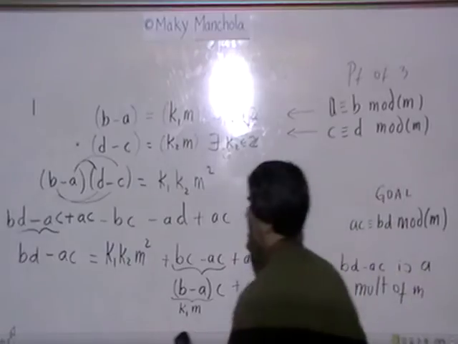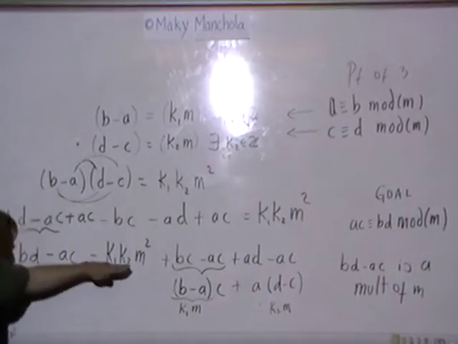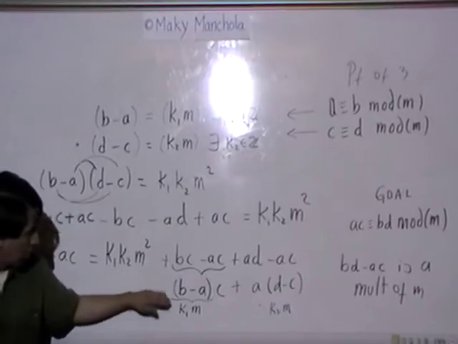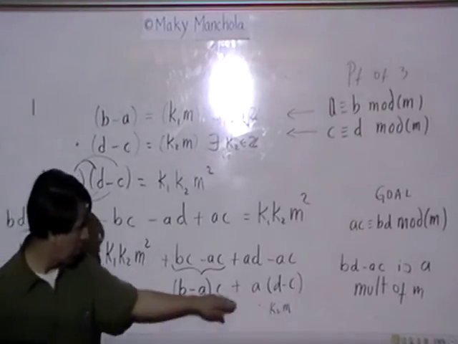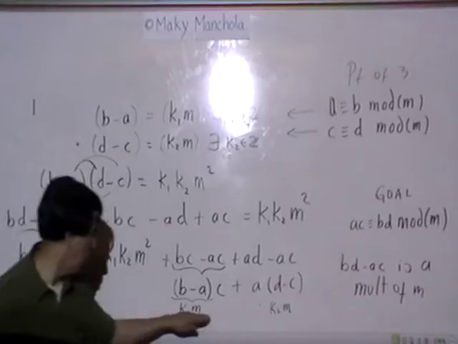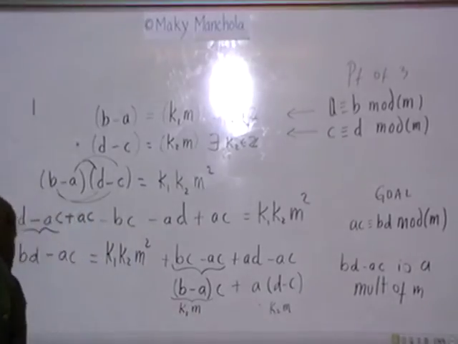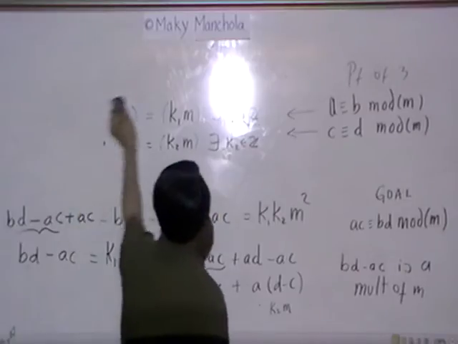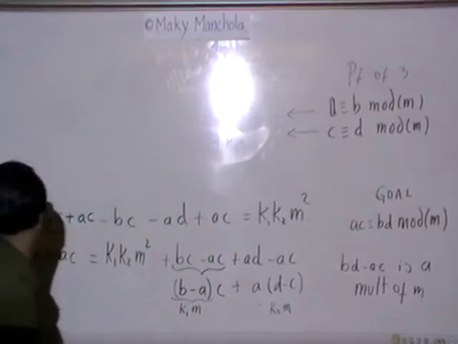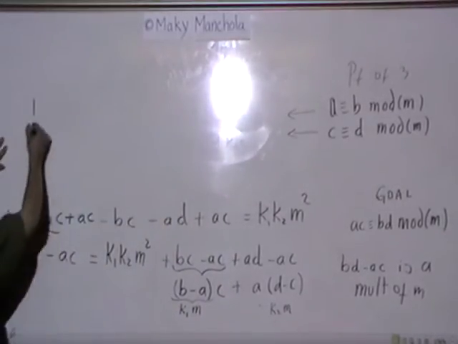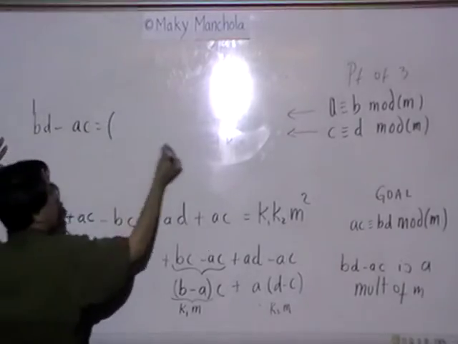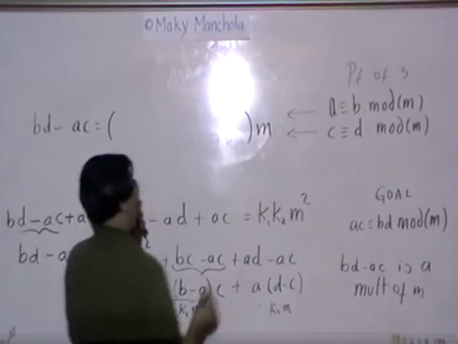So one last step. Notice that these three terms, k1 k2 m squared, plus k1 m c, plus a k2 m, all have m in common. So you can factor out the m. And there you have it. bd minus ac equals a multiple of m.